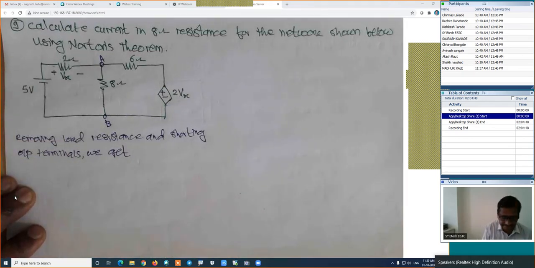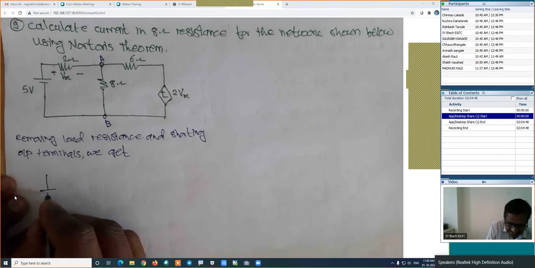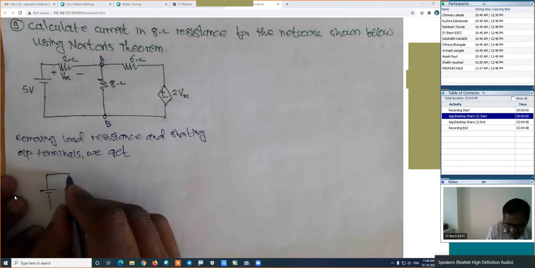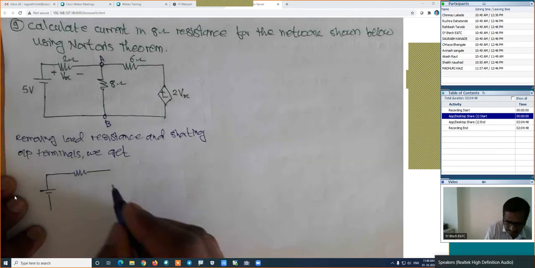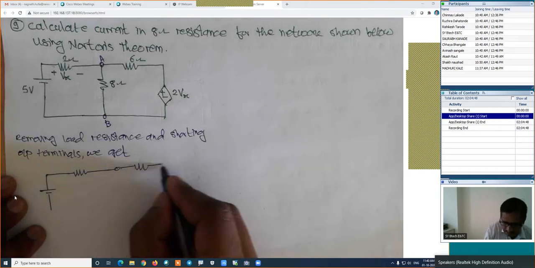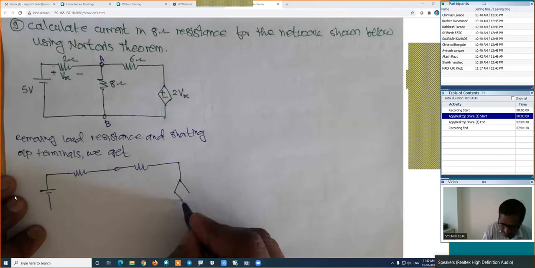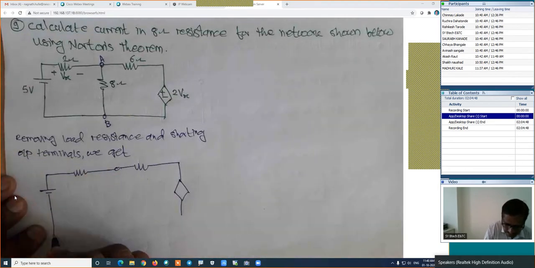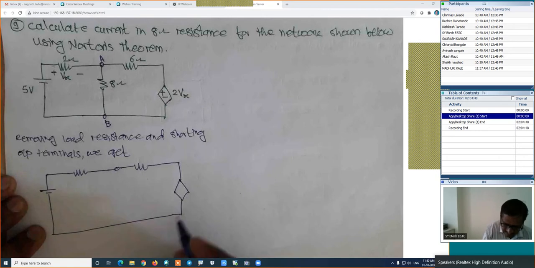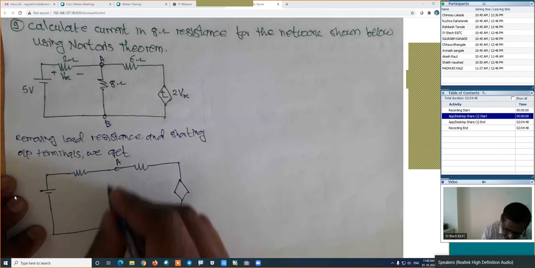How will the figure be? It will be something like this. This is B point, this is A point, this is B point, and we are shorting these output terminals.